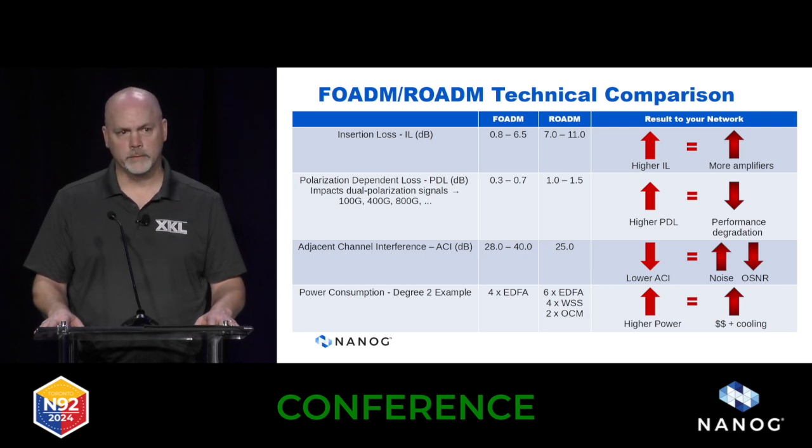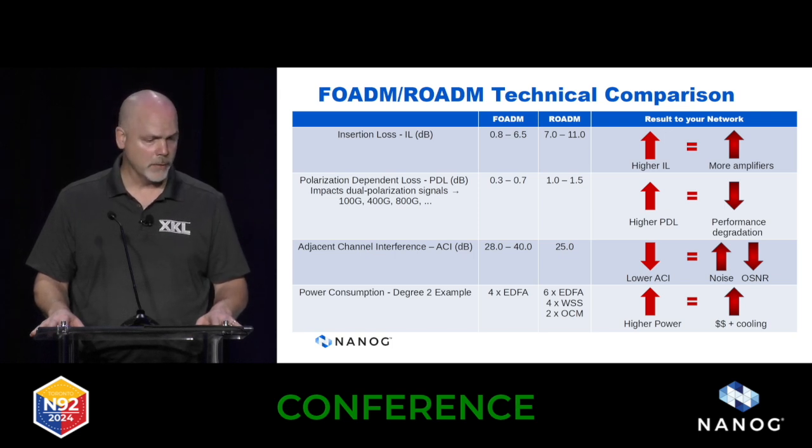If you look at the current 400 gig ZR optics that are out there, that's the common devices that are interoperable between vendors, you need a 26 dB OSNR for that to function. So you can see how adjacent channel interference can play a factor in the ability for you to transmit and receive these higher data rate signals.